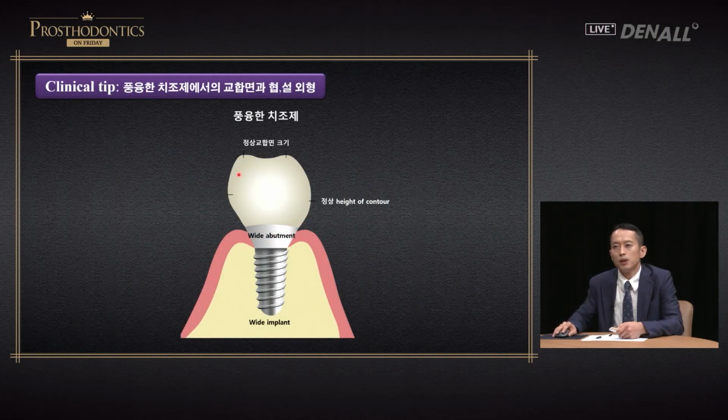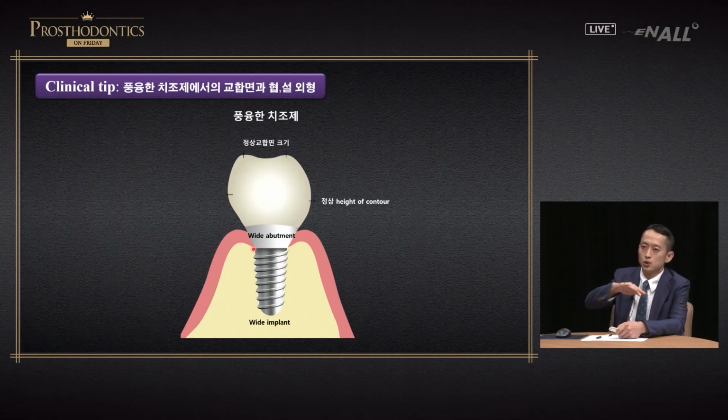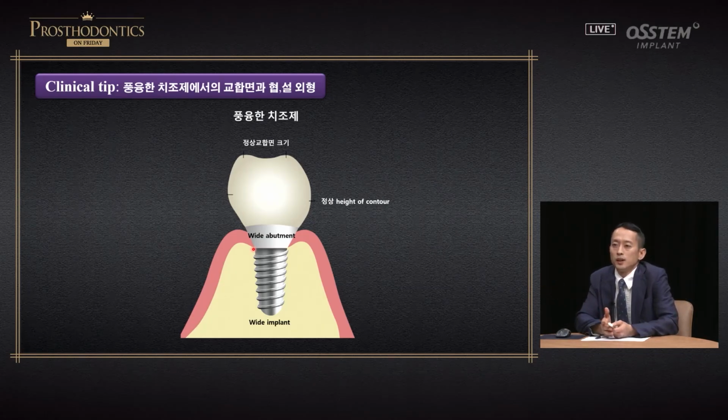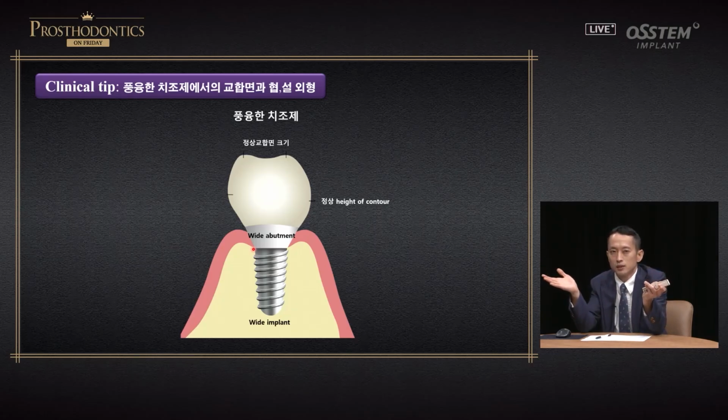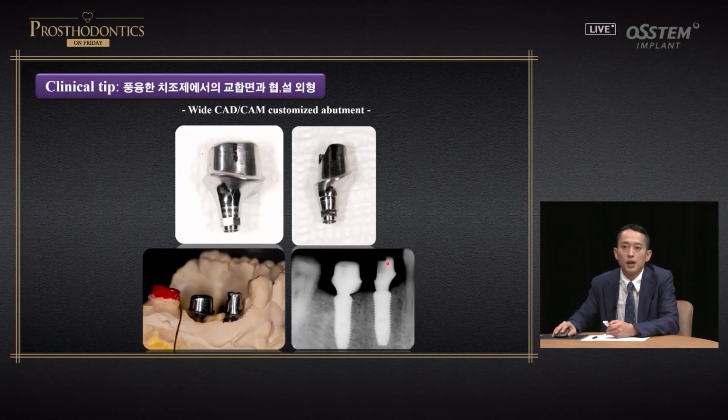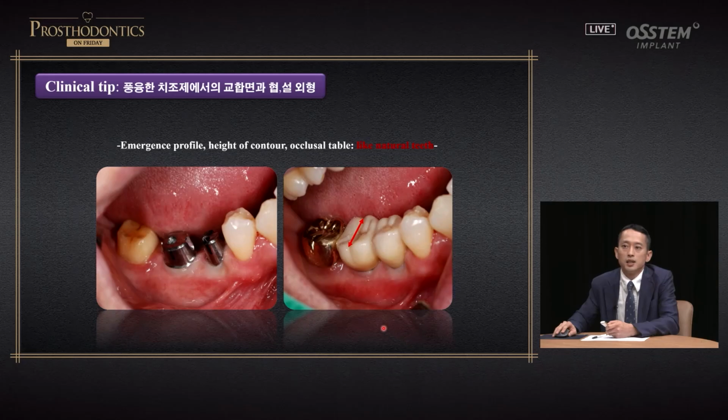To provide you my opinion on buccolingual control of implanted prosthesis, if the alveolar bone is thick and soft tissue thickness and height is sufficient, you need to place a wide diameter implant and provide large diameter abutment so that you can provide a prosthesis that resembles natural tooth with a similar occlusal table and height of contour.